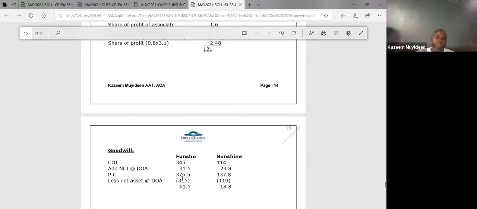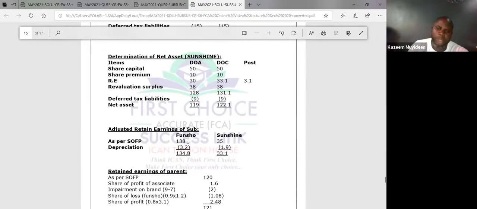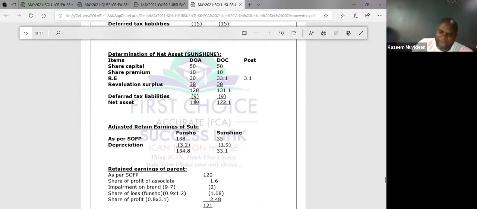Added to the cost of investment, that's 76.5 purchase consideration. Less the net assets at date of acquisition, 31.5. In Sunshine, what is the net asset? In Sunshine, 119. 10% of it, 11.9. Add it.